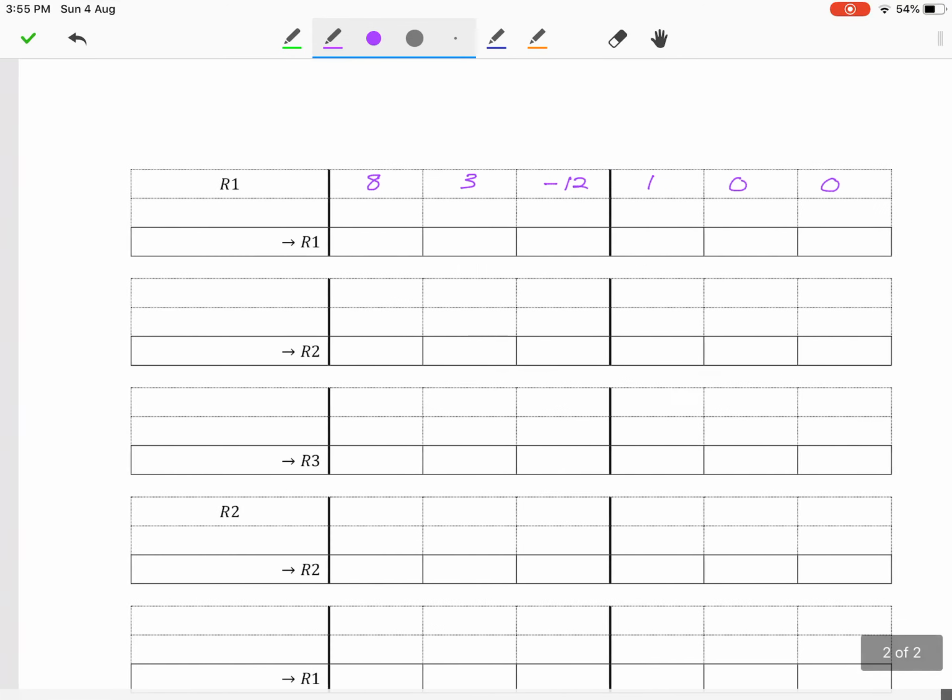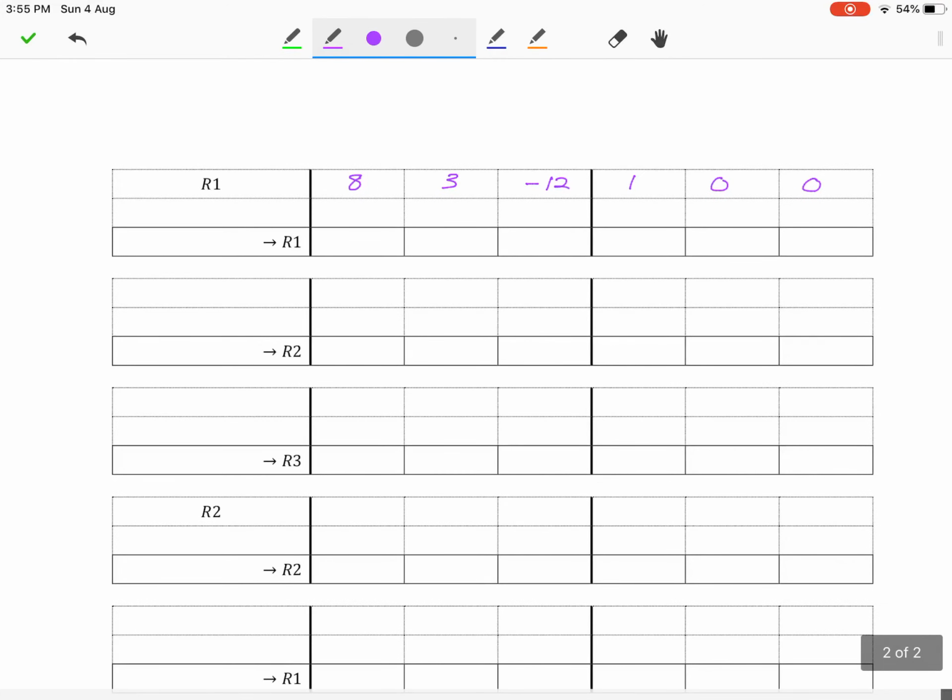The easiest way to do it is to take 1 over 8 multiplied by R1. In this case, 1 over 8 multiplied by 8 gives you 1, and 1 over 8 multiplied by 3 gives you 3 over 8.